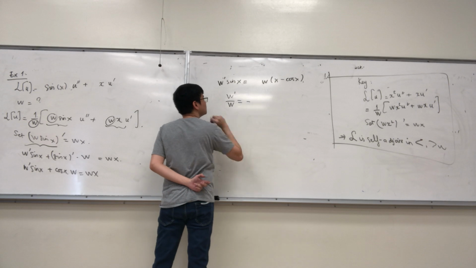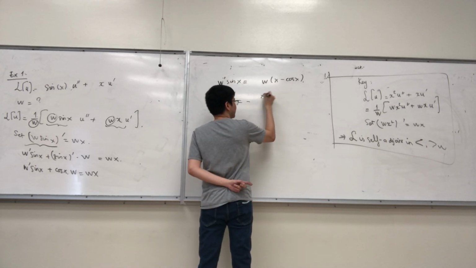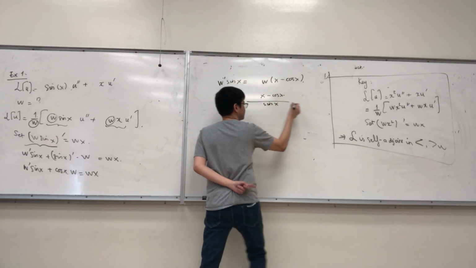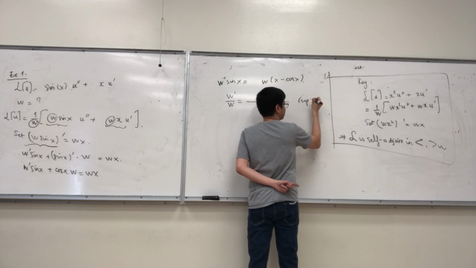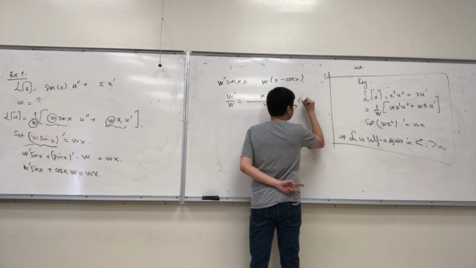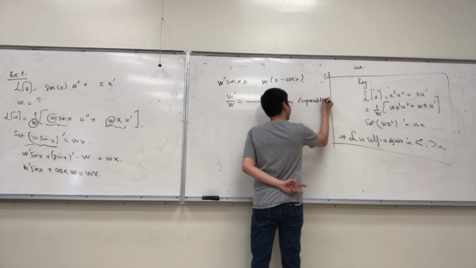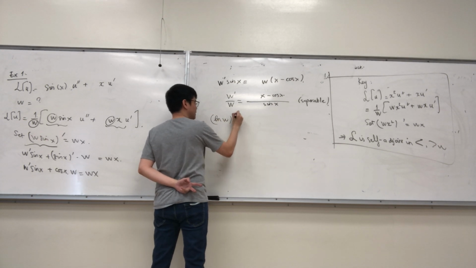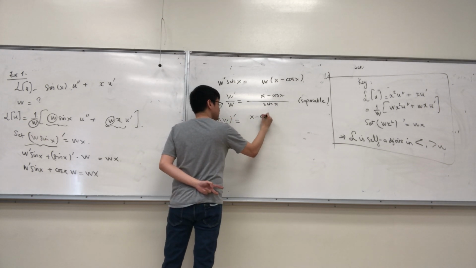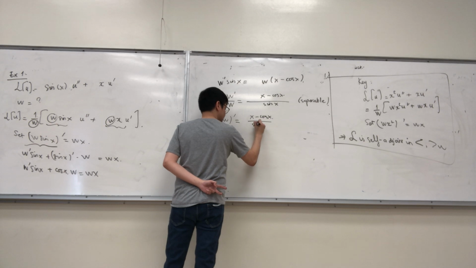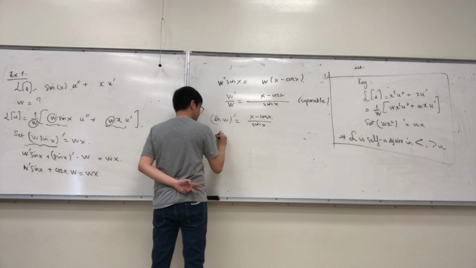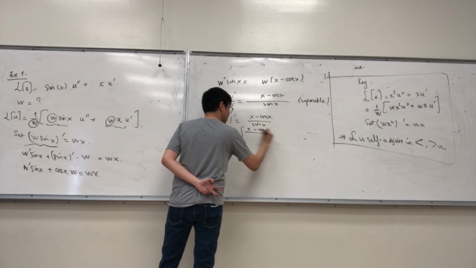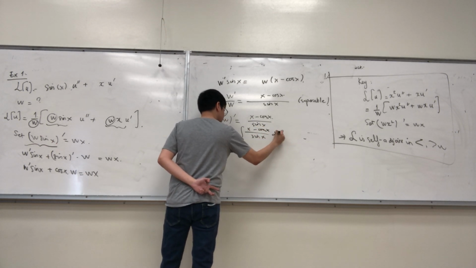W prime over w is x minus cosinus of x divided by sinus of x. Right, so this is separable. Then you have w prime over w is x minus cosinus of x over sinus x. So w will be e to the antiderivative of x minus cosinus of x over sinus x dx.